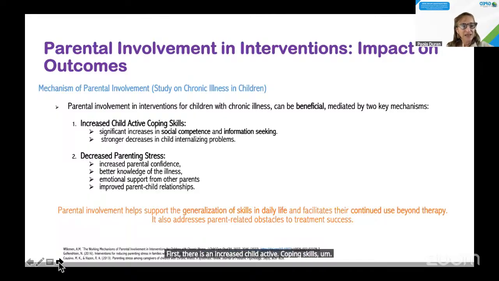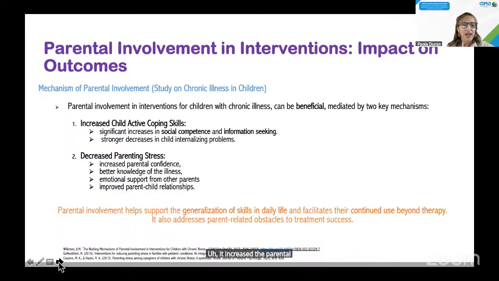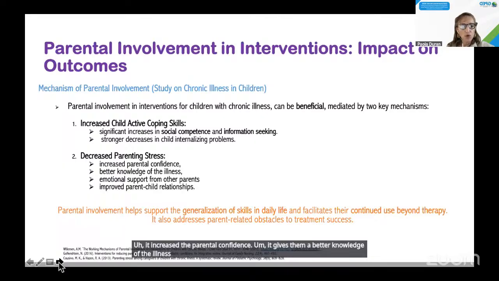They have a significant increase in social competence and information seeking, and so it decreases the child's internalizing problems. For the parents, it decreases parent stress and increases parental confidence. It gives them a better knowledge of the illness and emotional support from other parents, and that leads to an improved parent-child relationship, which is very important.